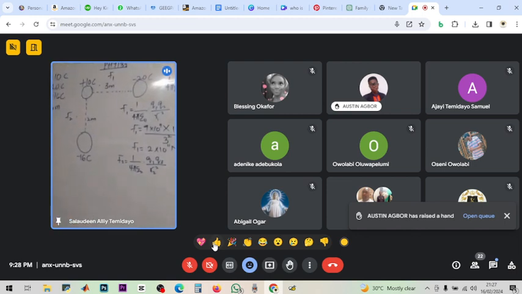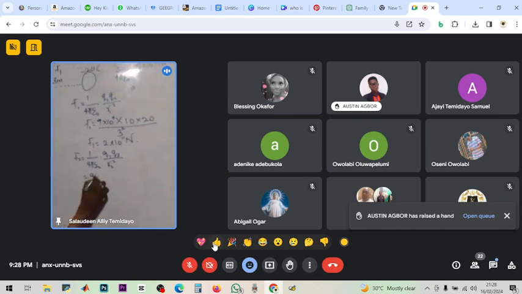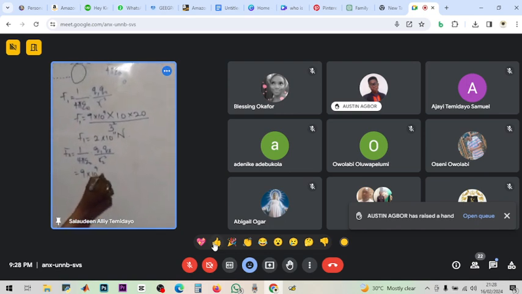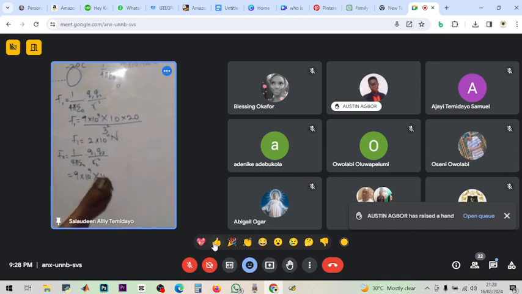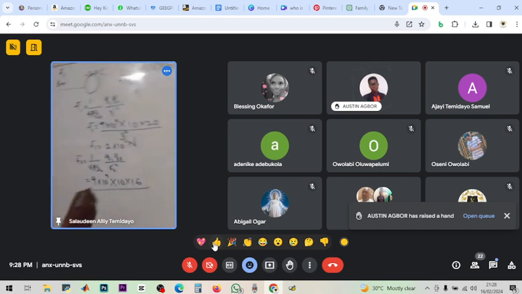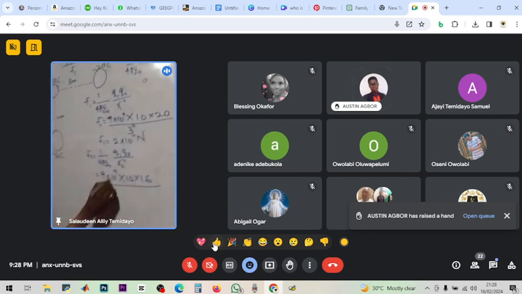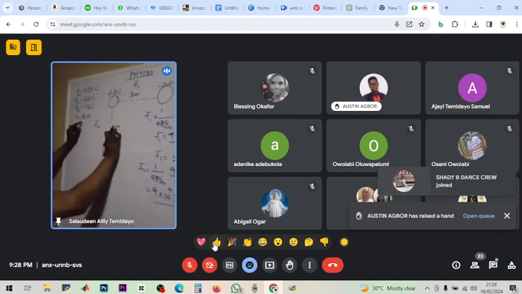So now this is 1 over 4 pi epsilon naught, which is 9 times 10 raised to the power of 9, times Q1 is 10, right? And yes, Q3 is 16, all over R is 3. So that's R2. No, sorry, R is 2, right?